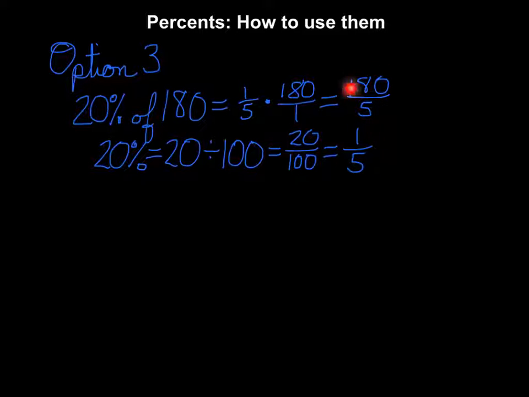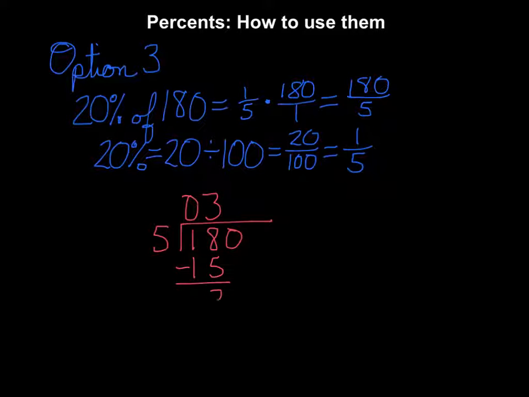Well, fractions mean division, so we're going to do a little scratch work here and we're going to divide. So 180 in the box, because the first number or the top number in a division problem always goes first, or goes into the box, excuse me, and then the 5 goes on the outside. So 5 goes into 1 0 times. 5 now goes into 18 3 times, and 3 times 5 is 15. 18 minus 15 is 3.